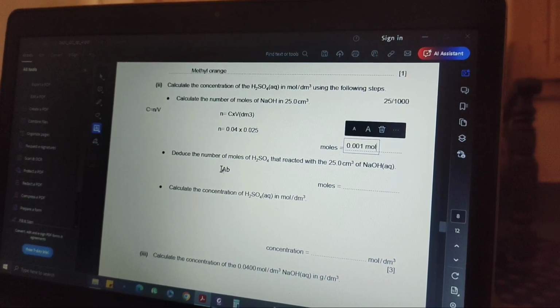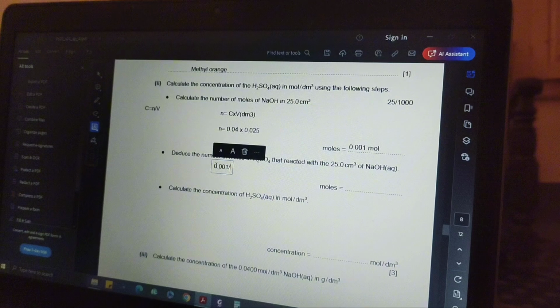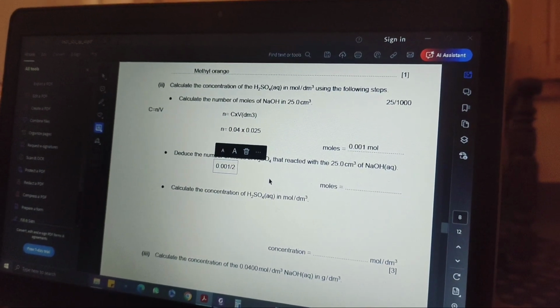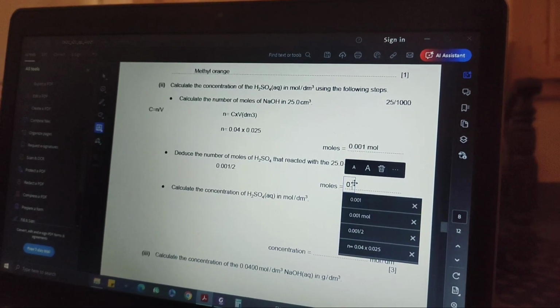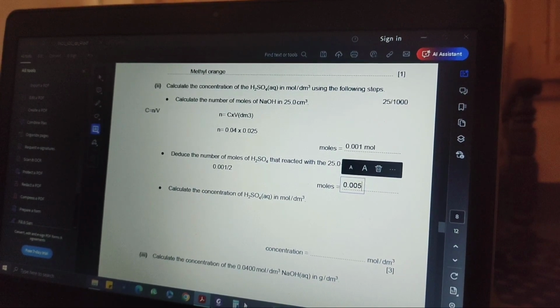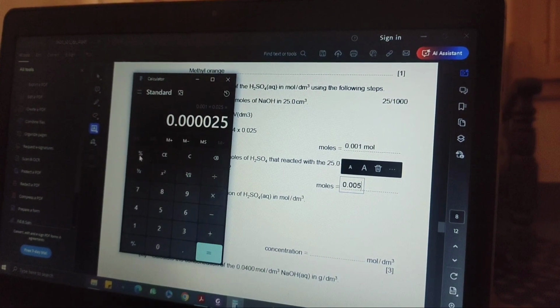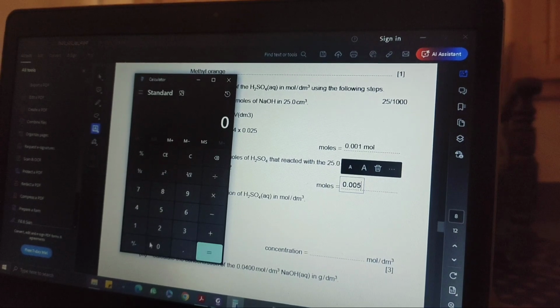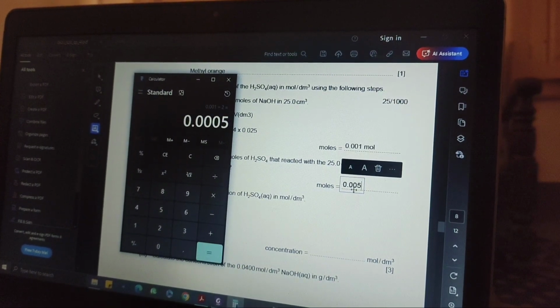So simply 0.001 divided by 2, which gives us the answer 0.0005.